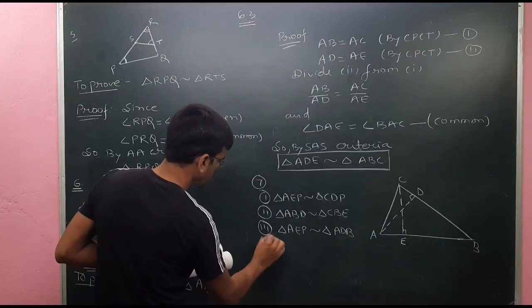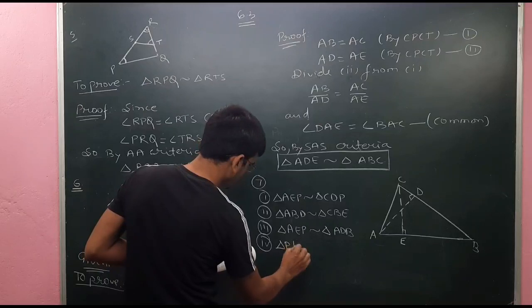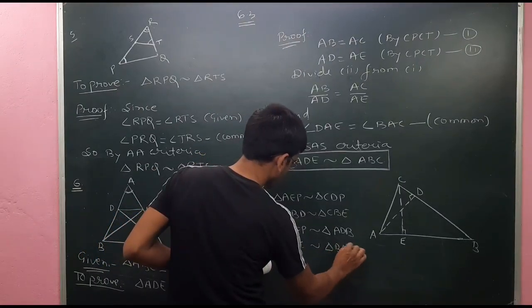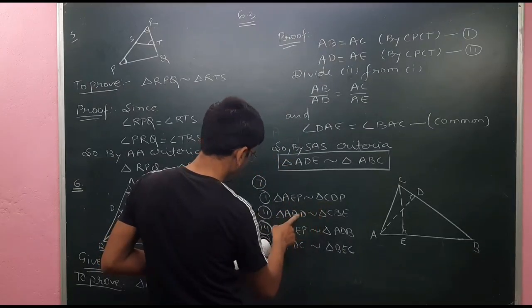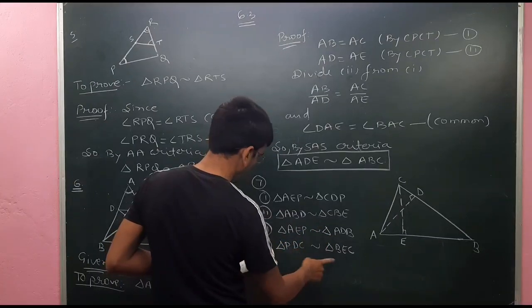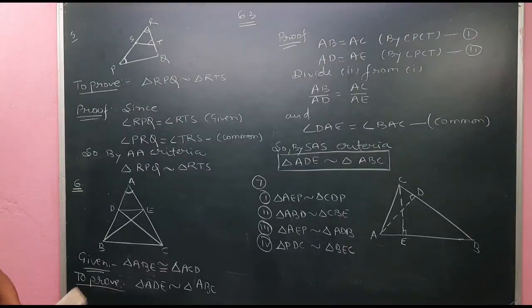And number four, triangle PDC is similar to triangle BEC. AEP, CDP, ABD, CBE, AEP, ADB, PDC and BEC. Now see one by one.